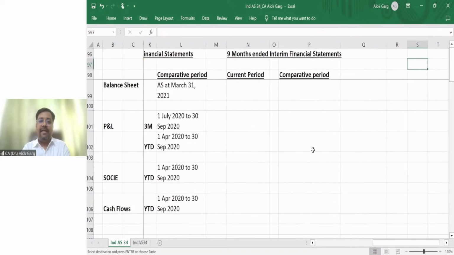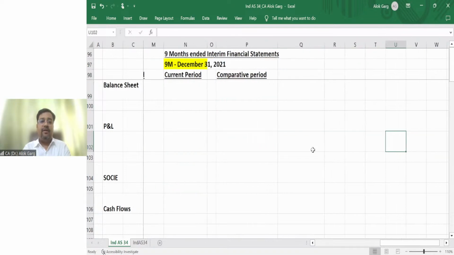Now let's come to the 9 months. 9 months ended. The company is presenting on a quarterly basis, December 31st, 2021. Is that clear, friends, or is it not clear?